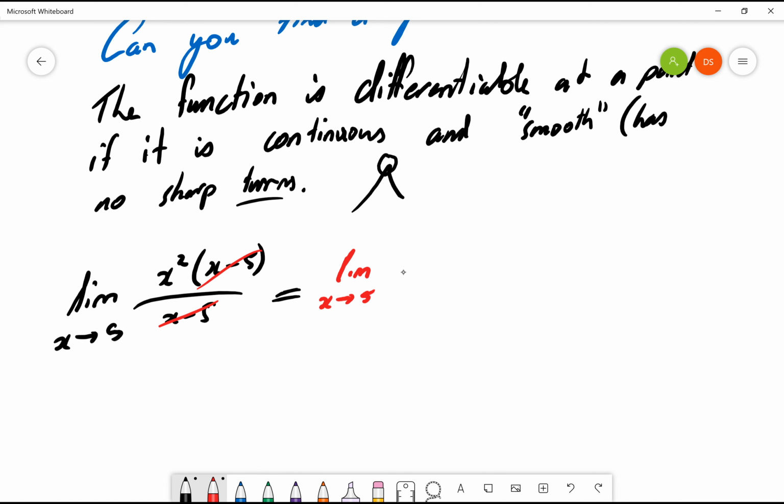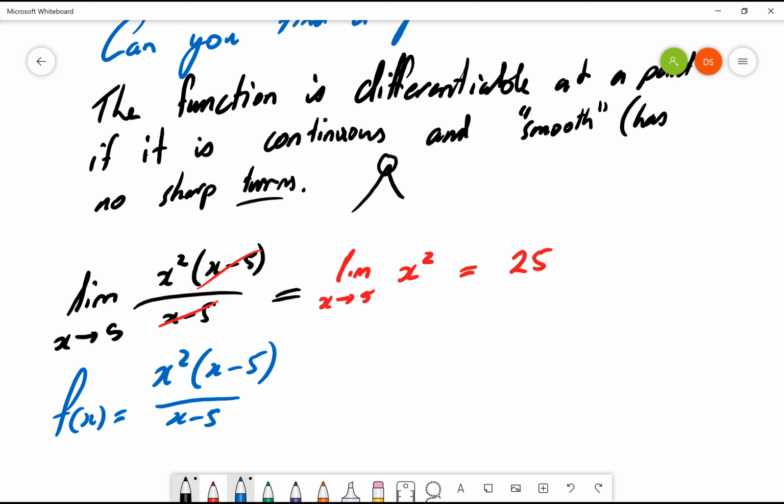As long as I keep the limit out the front, I can write this. F of 5 is undefined.